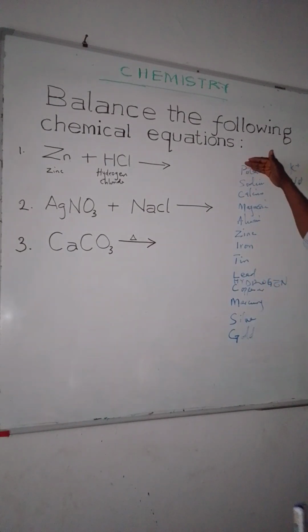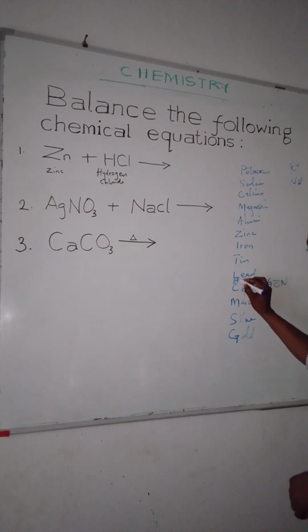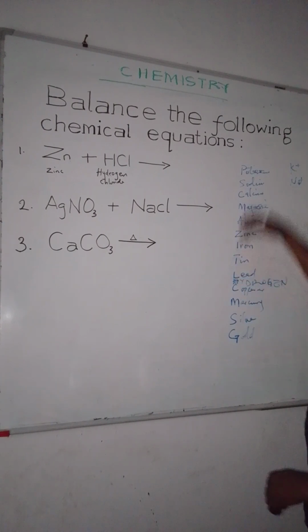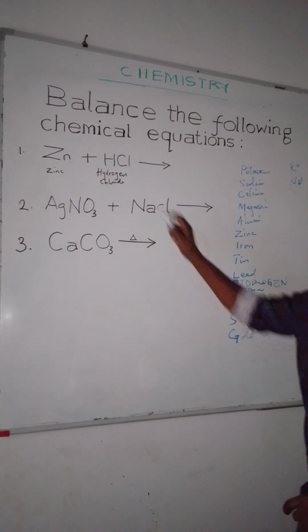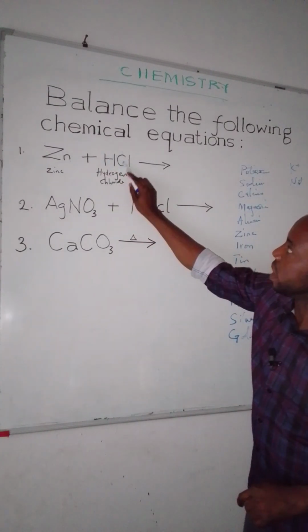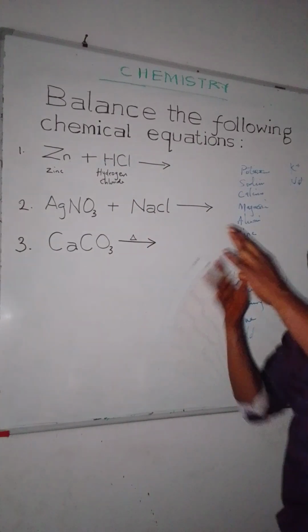Now, any metal that is above hydrogen, look at hydrogen here. Any metal that is above, from here up, when they see hydrogen in any compound, this is a compound of hydrogen chloride, they will displace it.